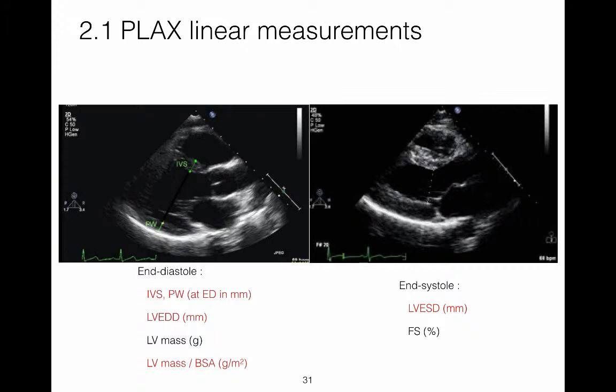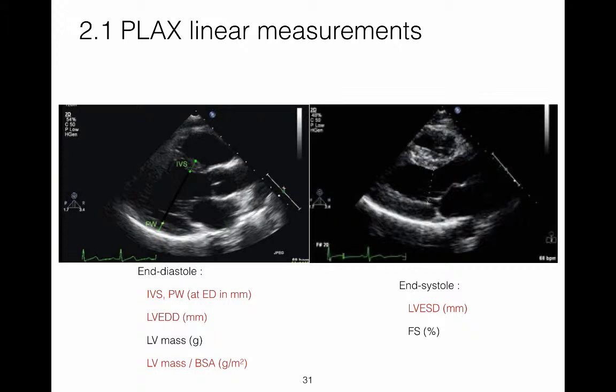Essential linear measurements of the left ventricle include the end diastolic septal wall thickness, the LV chamber end diastolic diameter, and the end diastolic posterior wall thickness.